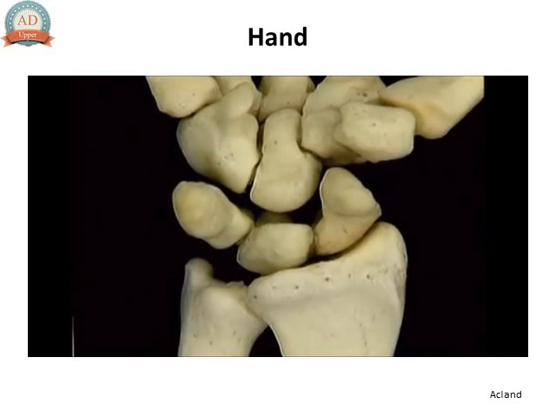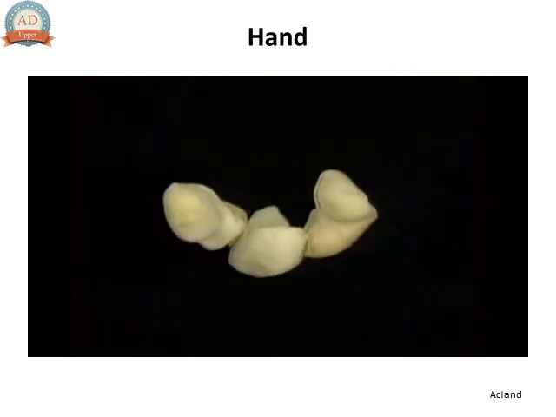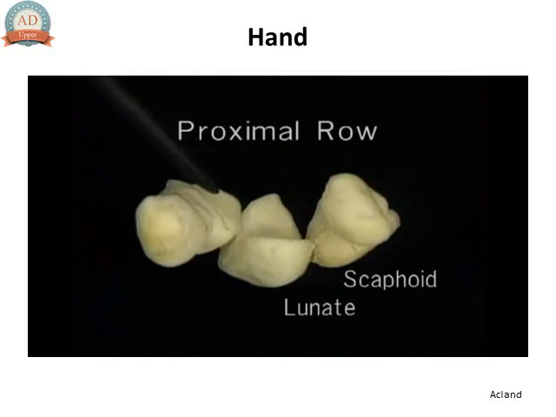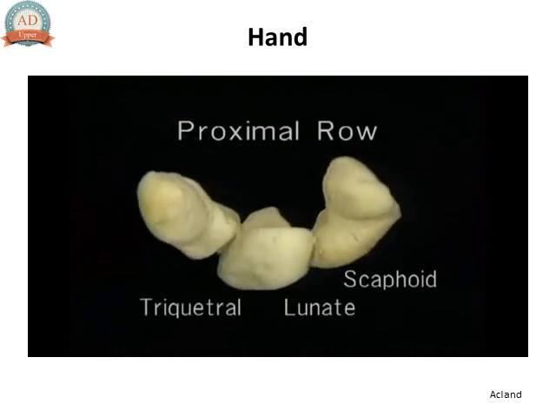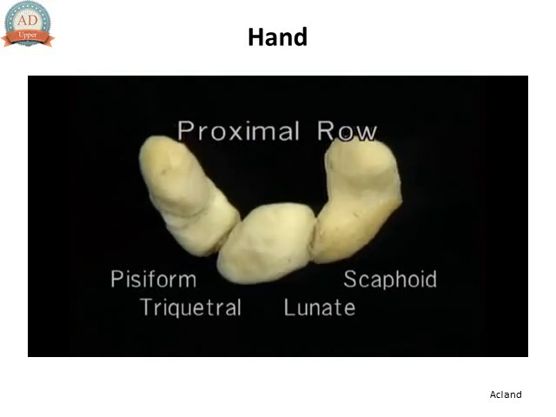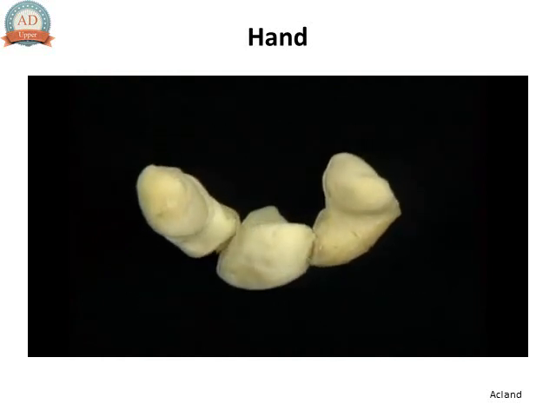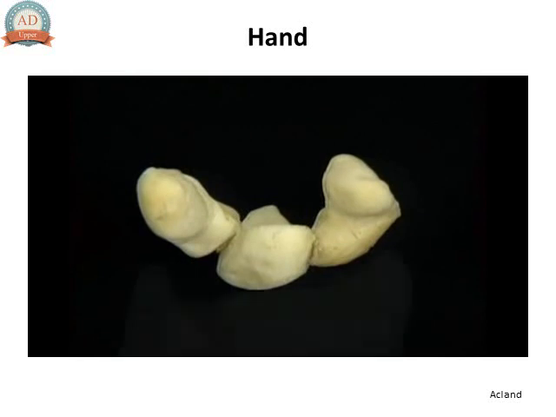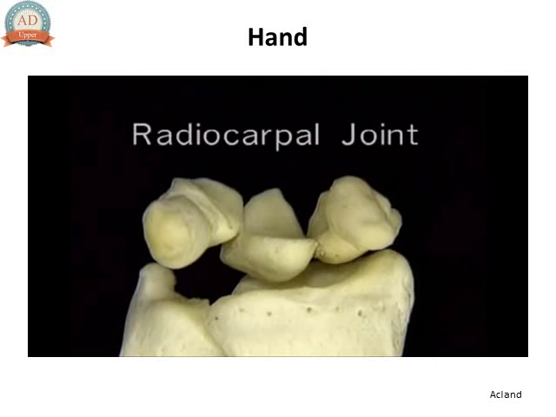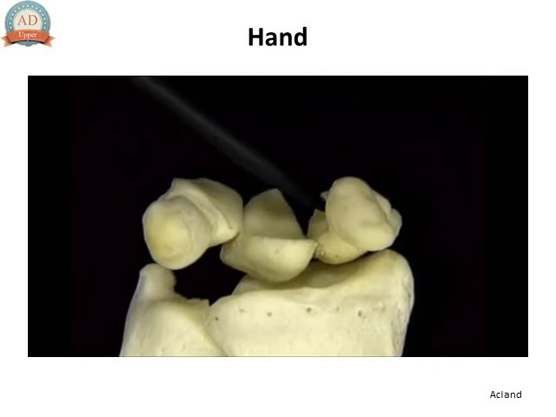The bones in each row are attached closely to one another. The four bones of the proximal row are the scaphoid, the lunate, the triquetral, and the pisiform, which sits by itself on the triquetral. The scaphoid, the lunate, and part of the triquetral articulate with the distal end of the radius to form the radiocarpal joint.